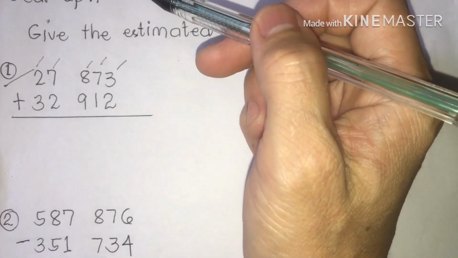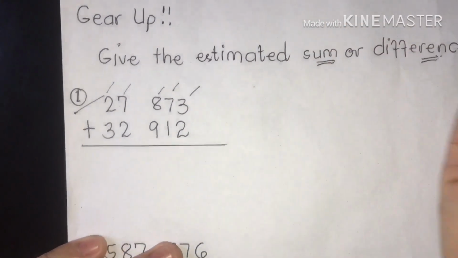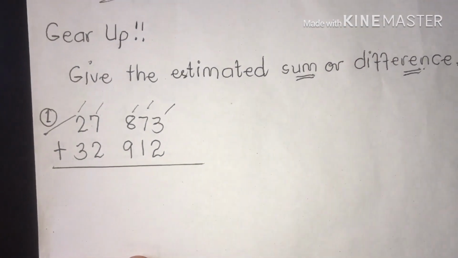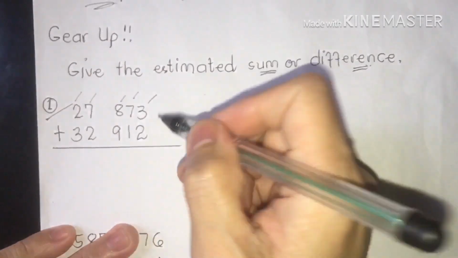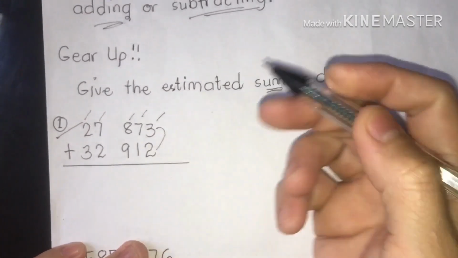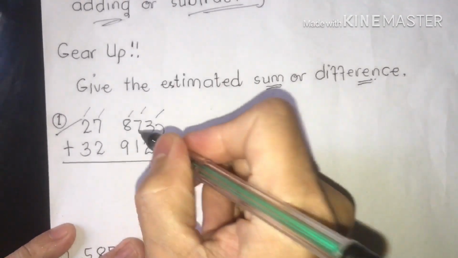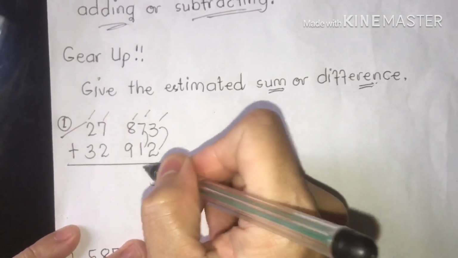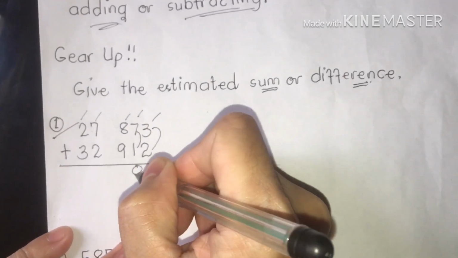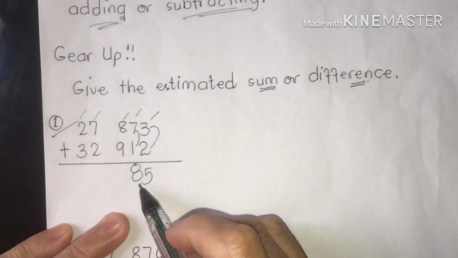ten thousands place value. First we're going to solve the actual sum. We have 3 plus 2. We're going to write here our sum. Next, 7 plus 1. We write our answer here.